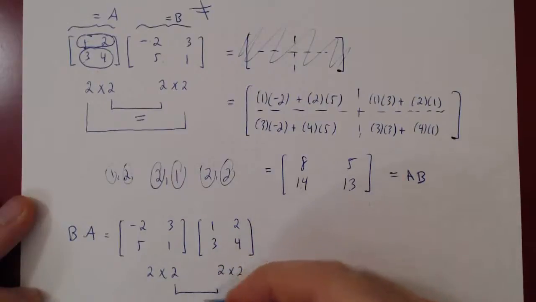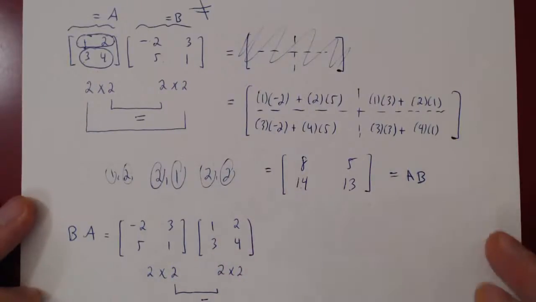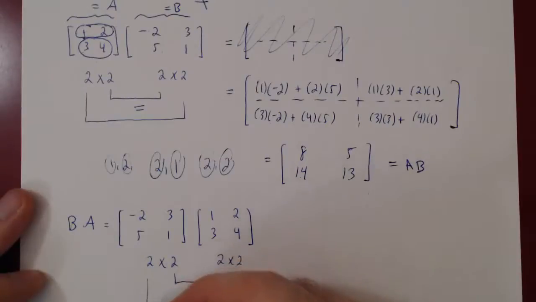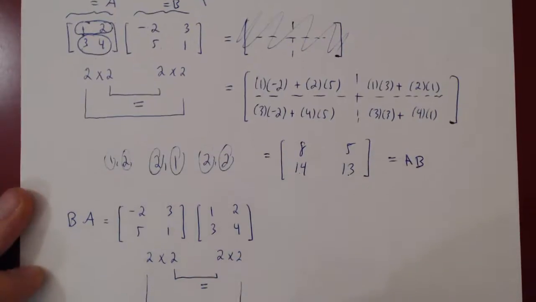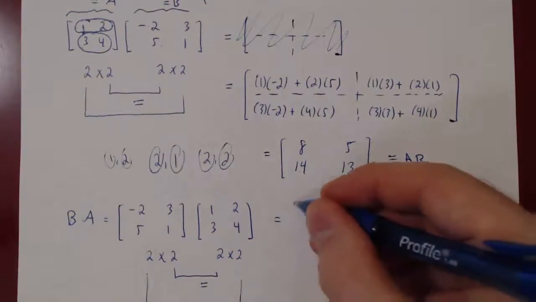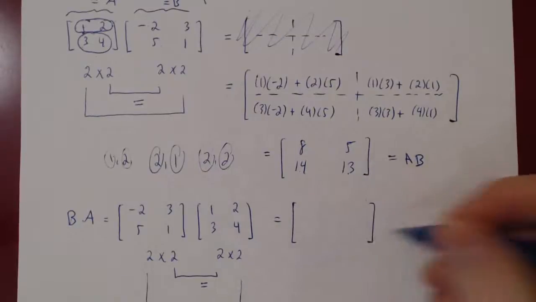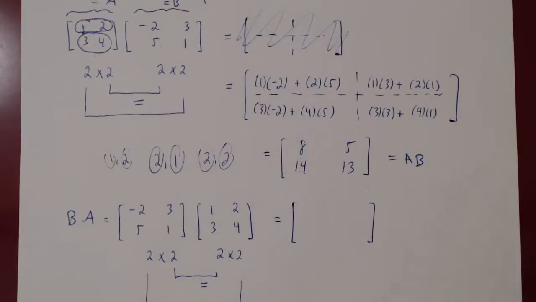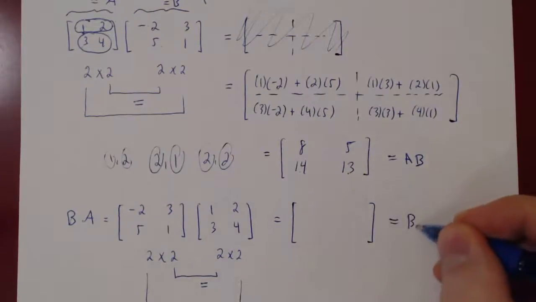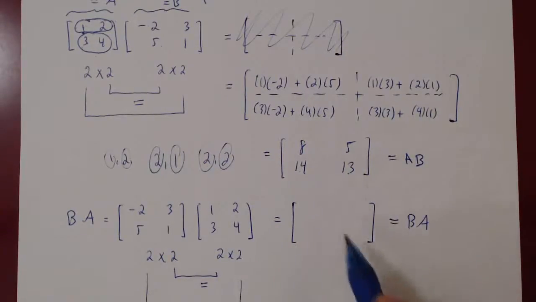So 2 equals 2. The product is defined. And the result will be a 2 by 2 matrix. And then we can find the entries much quicker. As we've said, we will construct the matrix BA. Right, this is matrix B times A. One row at a time.